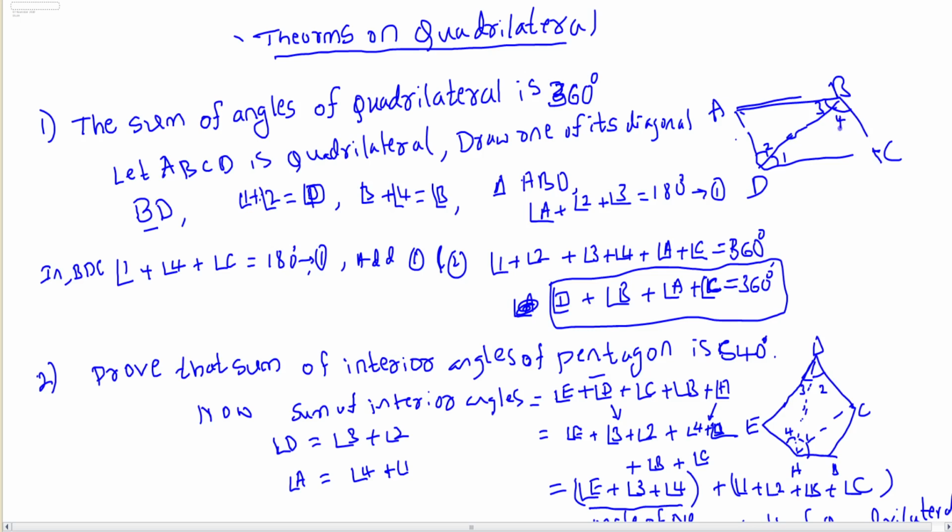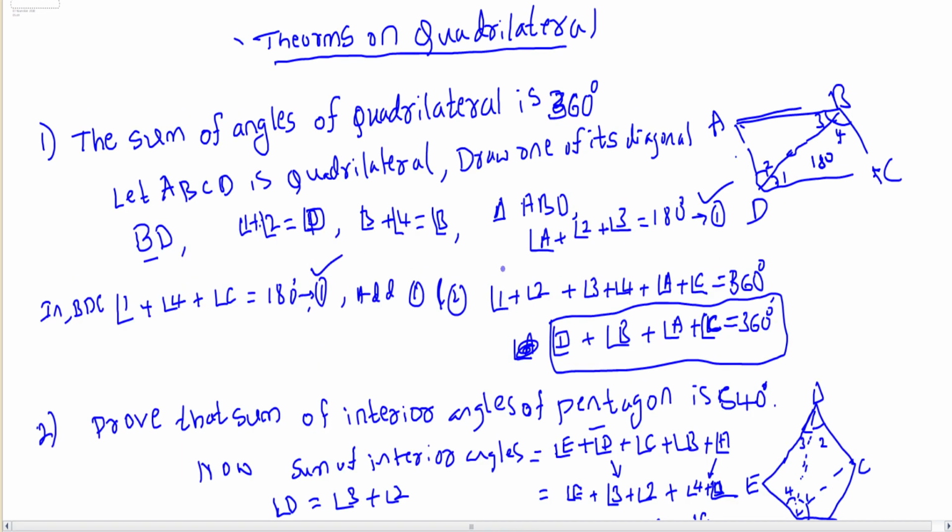From the figure, angle 1 + angle 4 + angle C = 180 degrees, and angle 2 + angle 3 + angle A = 180 degrees. Adding the two equations, we get 360 degrees. Therefore, the sum of the angles of a quadrilateral is 360 degrees.